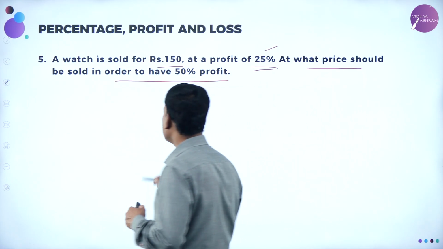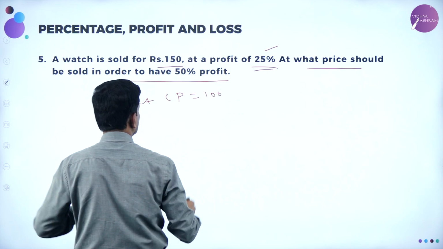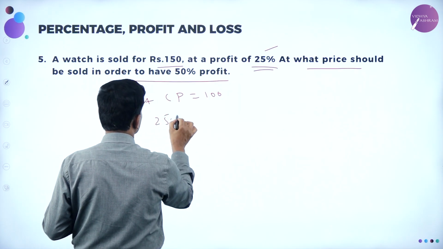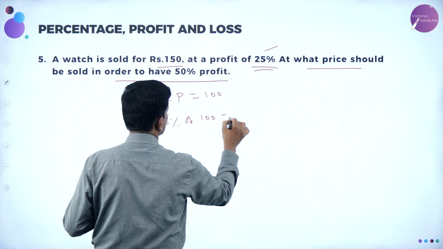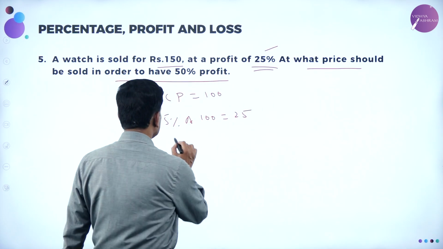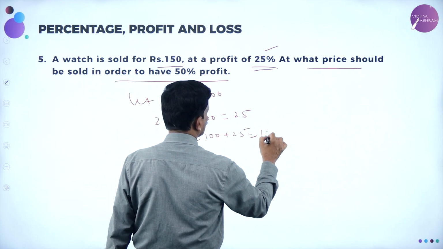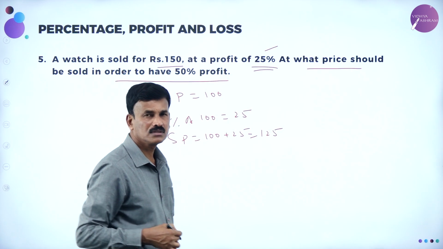Now let us consider, let the CP be equal to 100. Now what is 25% of 100? 25% of 100 is equal to 25. Right. Now therefore the selling price SP is equal to 100 plus 25, that's equal to 125. Okay.